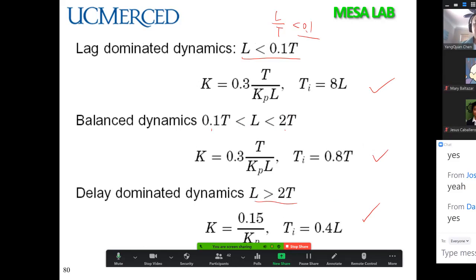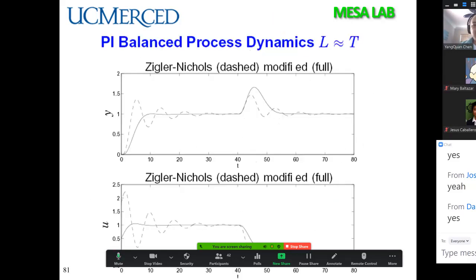That makes sense, you don't use the same rule for all different delays. So that's called modified. When we modify that, we have balanced L and T equal. You can see the dotted line is Ziegler-Nichols, ZN, and this solid line is modified like before.